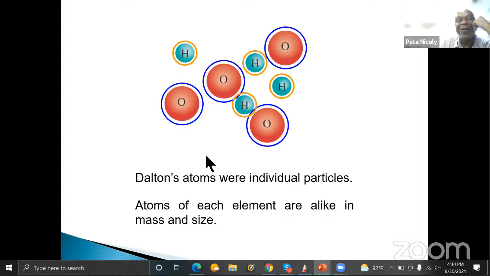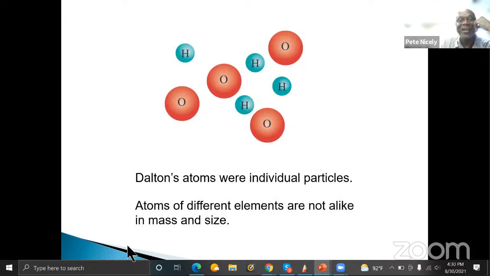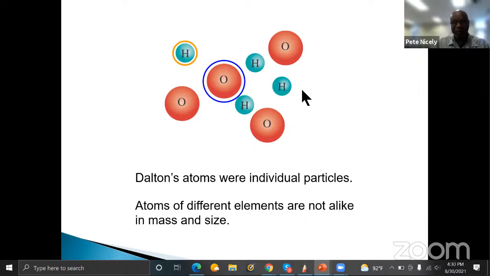Also, according to Dalton, atoms of different elements will be different. They won't have the same mass and size. So if you compare hydrogen to oxygen, they'll look different. Hydrogen, of course, is a smaller atom compared to the oxygen atom and also has a lower mass.